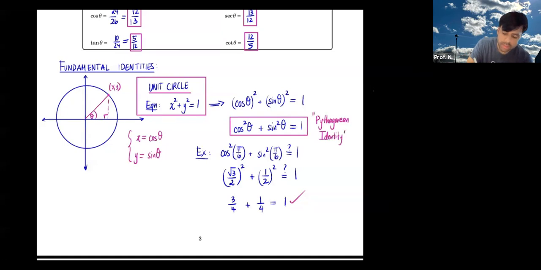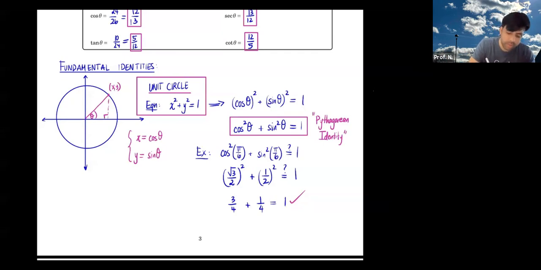And let me just say that this is like the source of the rest of the formulas that you'll come across. Cosine squared theta plus sine squared theta equals 1. If you know this, then you can figure out a few more formulas as well. So this is a big one that you should know.